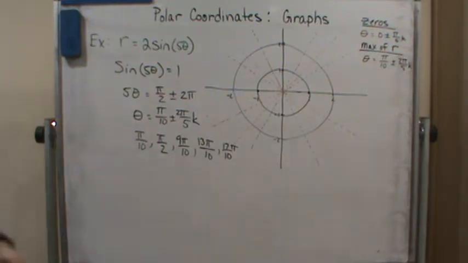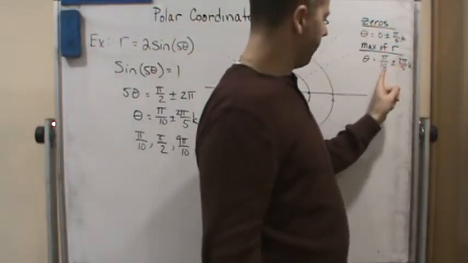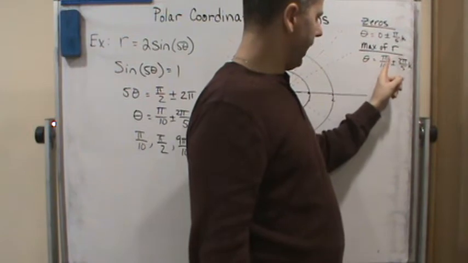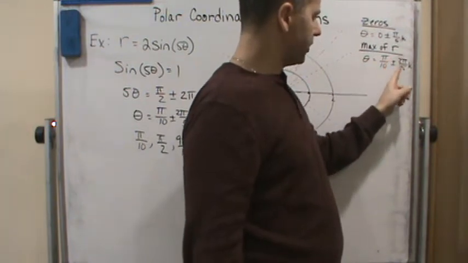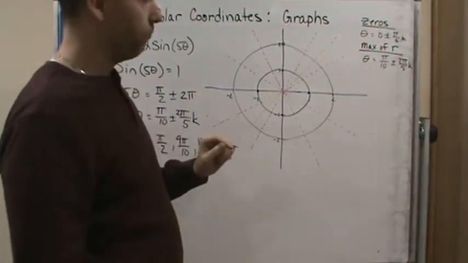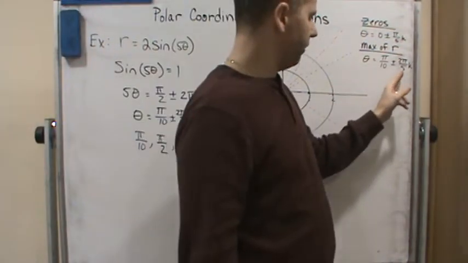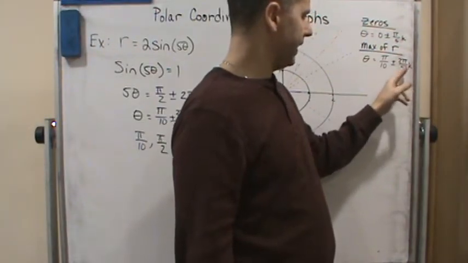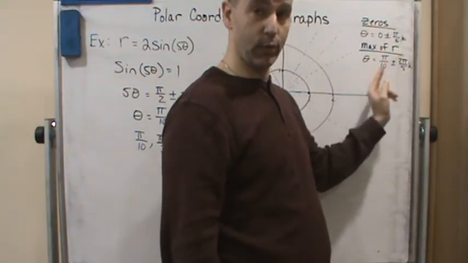And so it's not a coincidence that you get 2 pi over 5. Because look at this. We have a maximum value at this angle plus or minus 2 pi over 5. If I take 5 times this, I get 2 pi, which is 1 revolution.